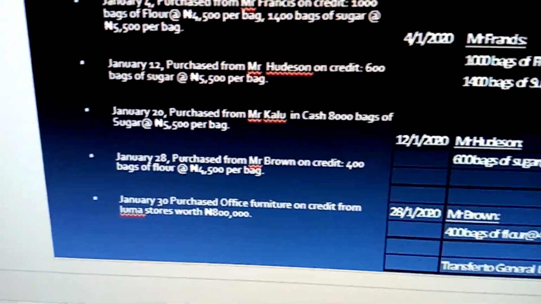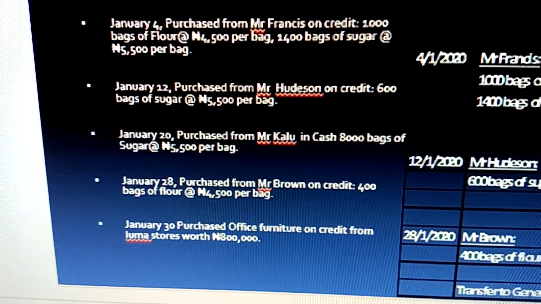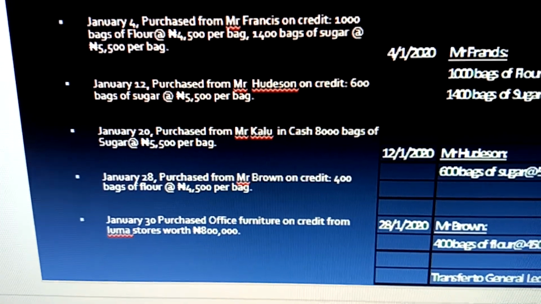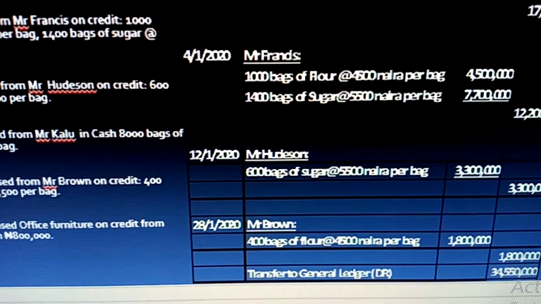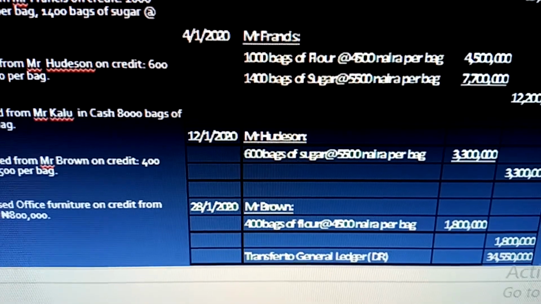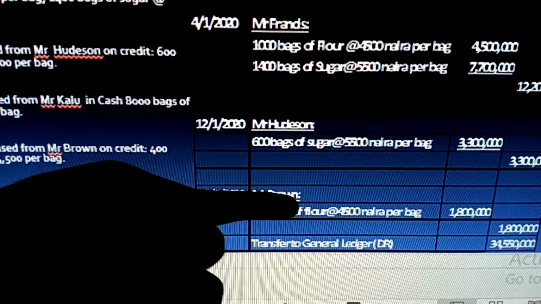Let's go on. The next one says January 28th, purchased from Mr. Brown on credit 400 bags of flour at 4,500 naira per bag. That is products bought on credit, and it is what the business deals in, so it will be recorded in the Purchases Day Book. So we say on the 28th of January, bought from who?